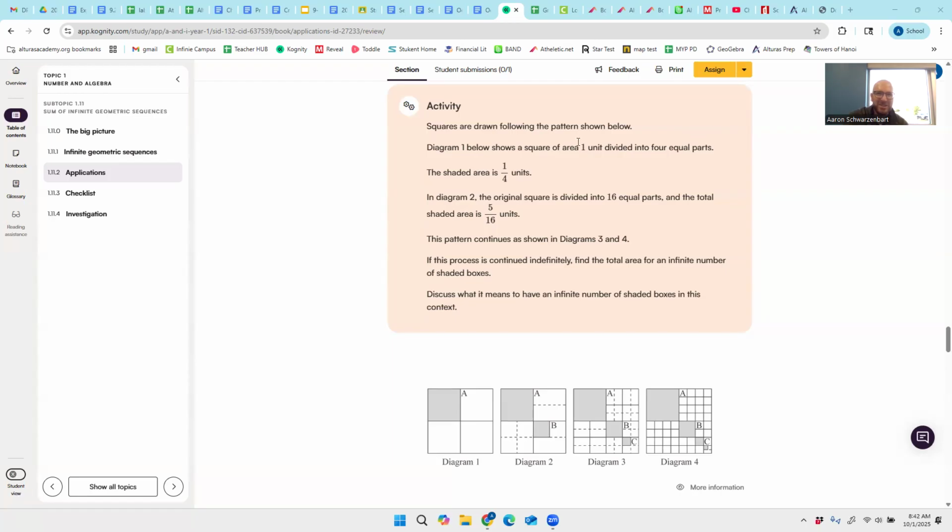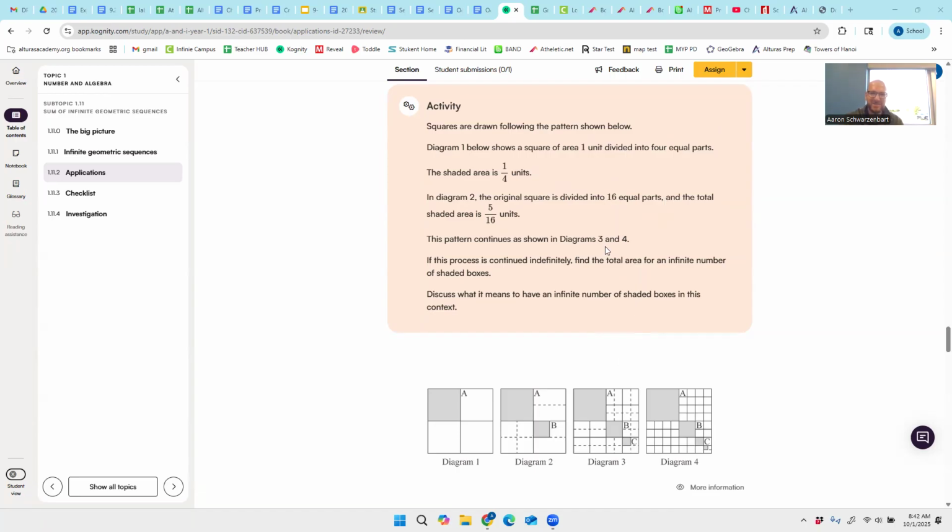Okay, so applications of this. We've got all these squares drawn in here, right? The shaded areas are 1/4. Diagram 2, it's 5/16 now. So I've got a fourth plus a 16th, plus a 64th.